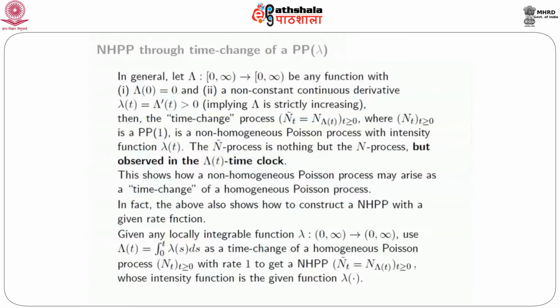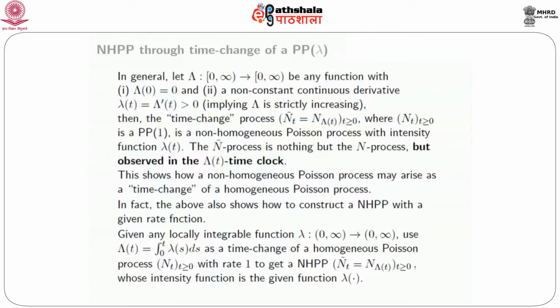In fact, this actually shows how you can construct a non-homogeneous Poisson process with a given rate function. So here is how it goes. Suppose you are given a locally integrable function lambda from positive reals to positive reals. Use capital Lambda t equal to the integral from 0 to t of lambda s ds as a time change.